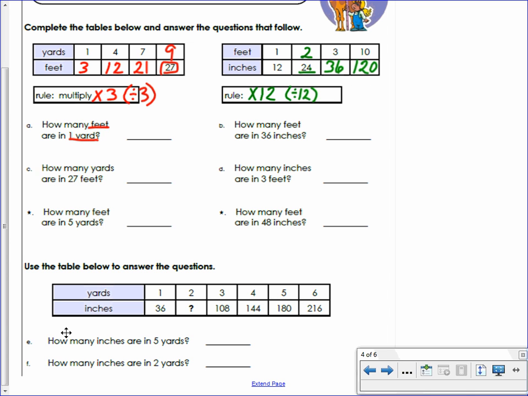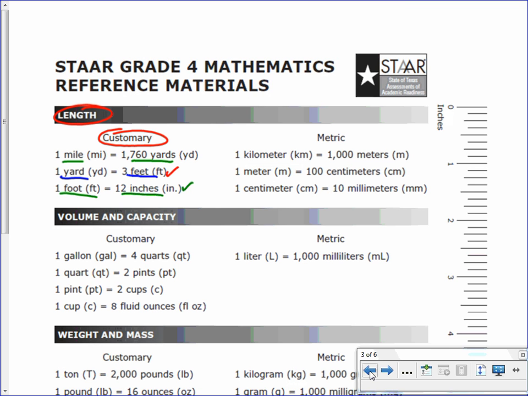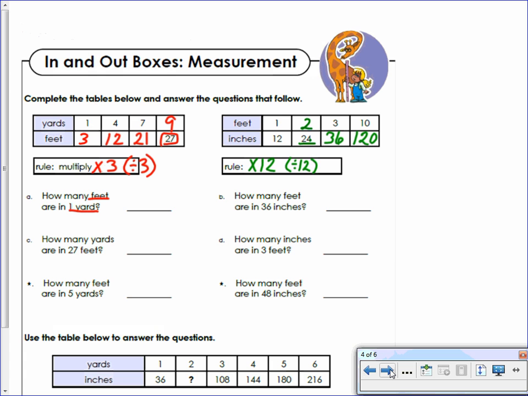The last section asks us to convert yards to inches. As we previously discovered, there is nothing on our handy-dandy math chart that exactly compares yards to inches, but when we put it in our table, we found out that 1 yard was equal to 36 inches.